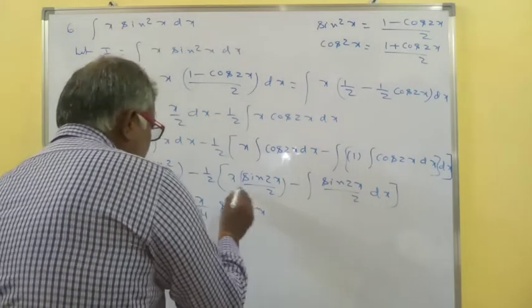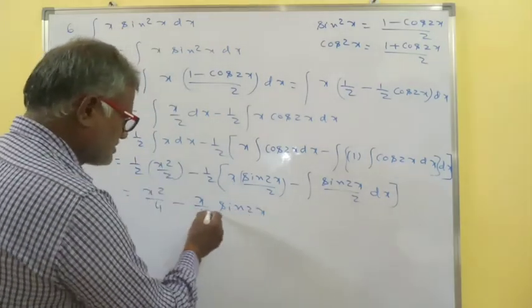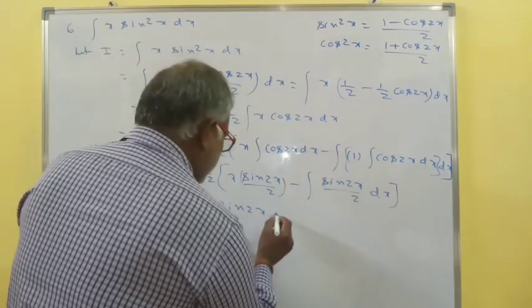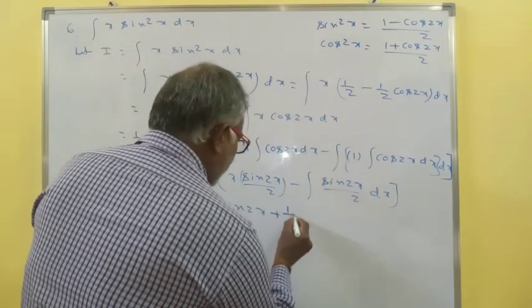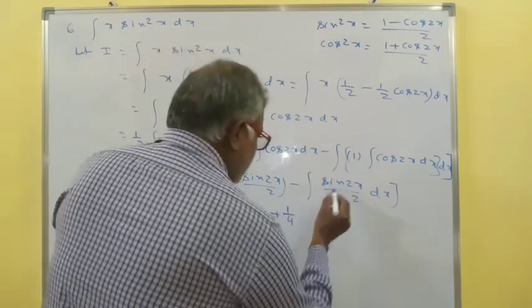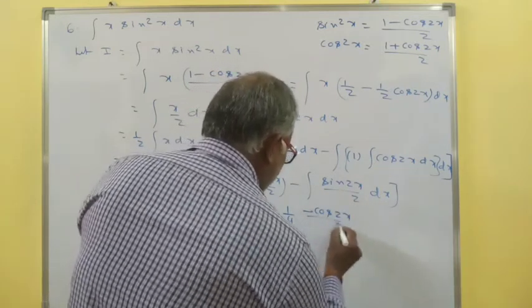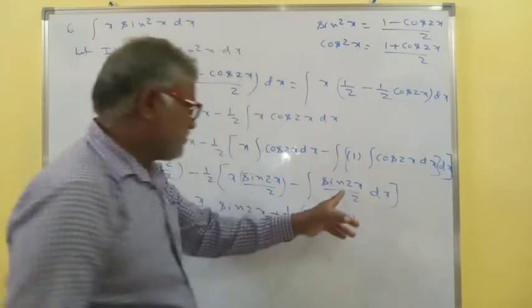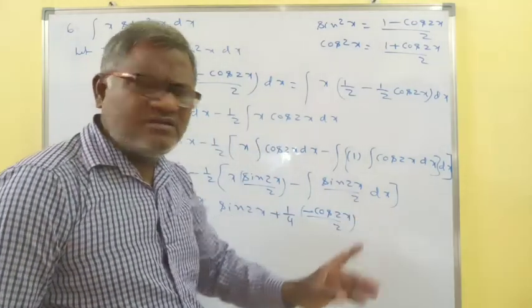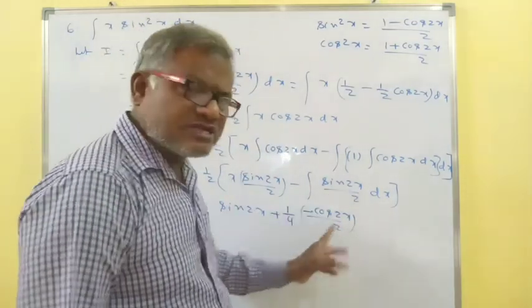So finally x square by 4 minus x by 4 into sin 2x. Here 2 into 2 is 4, so x sin 2x by 4. Minus minus plus 1 by 4 into the integral of sin 2x, which is minus cos 2x by 2. For sin 2x, the integral value is minus cos 2x by 2.